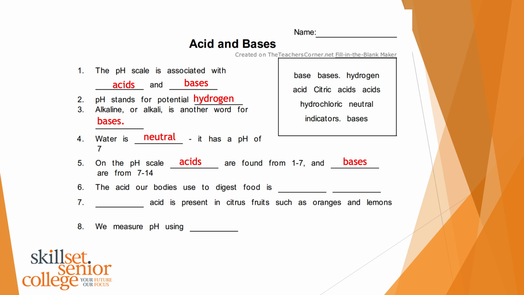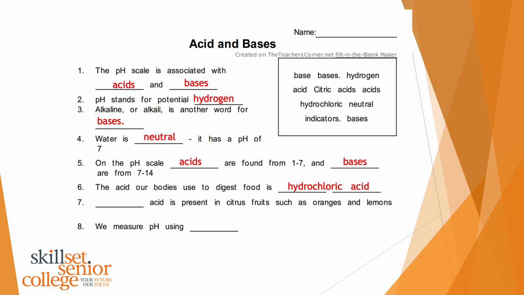Number 6, the acid our body uses to digest food is hydrochloric acid. Very, very strong acid. Good for our stomachs to break things down, not good anywhere else in the body. And number 7, citric acid is present in citrus fruits such as oranges and lemons.